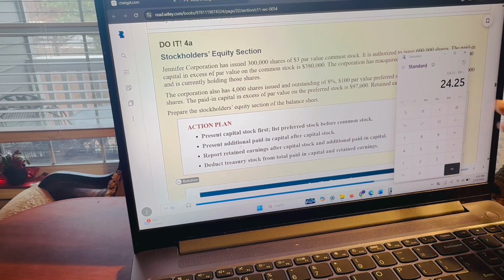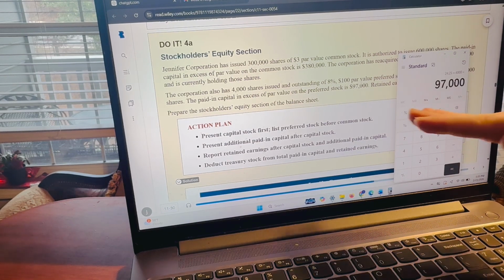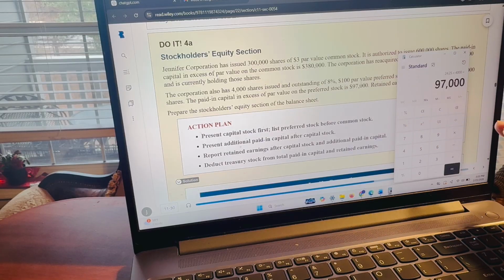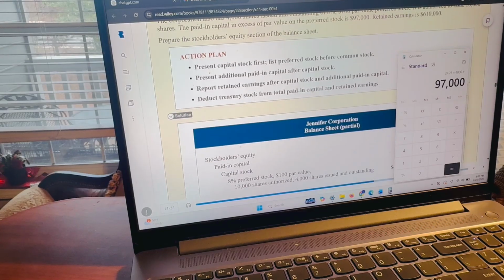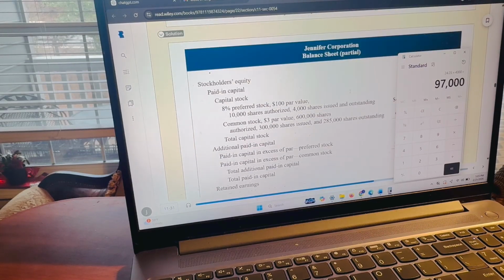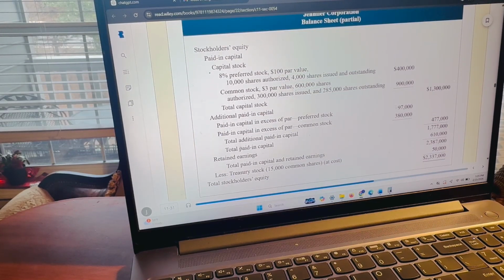Remember, that's very important, this is per share. Then we take this $24.25, multiply it by the 4,000 shares issued, and that isolates the total additional paid in capital for the preferred stock, which was 97,000, as you can see.